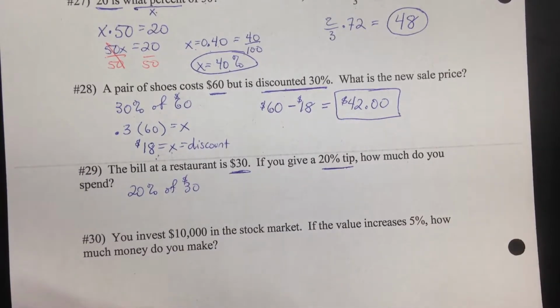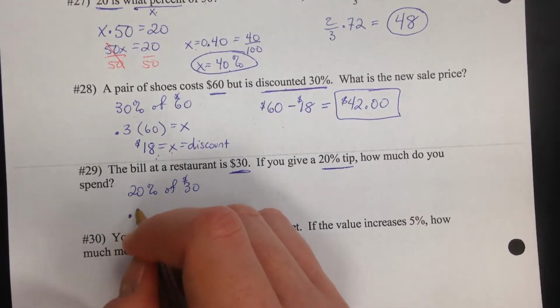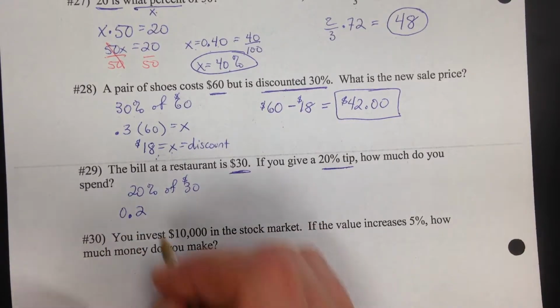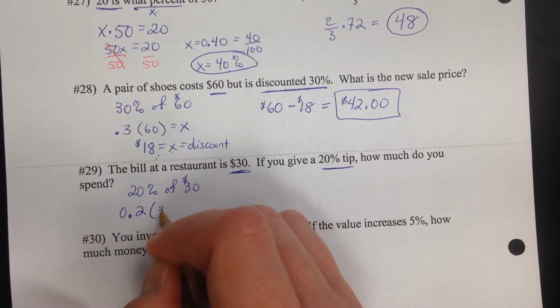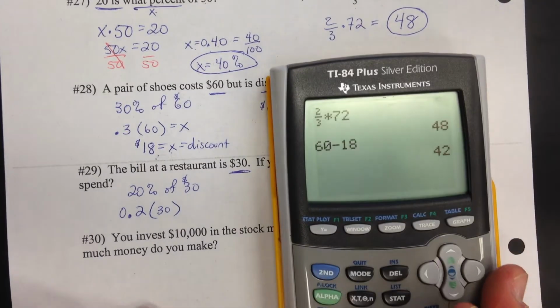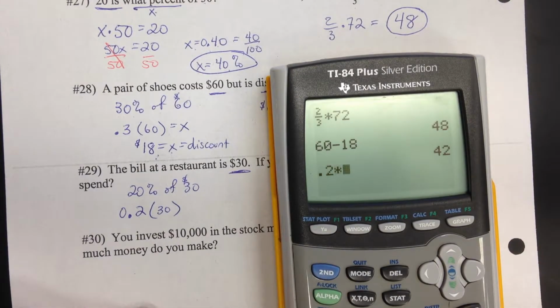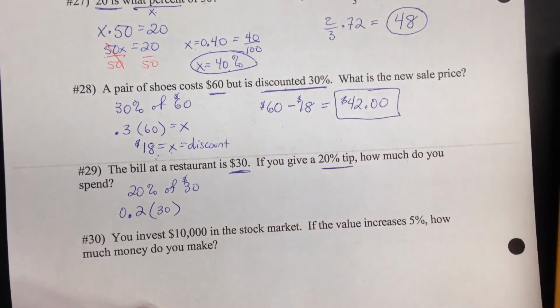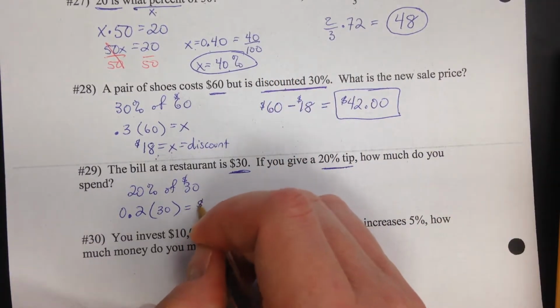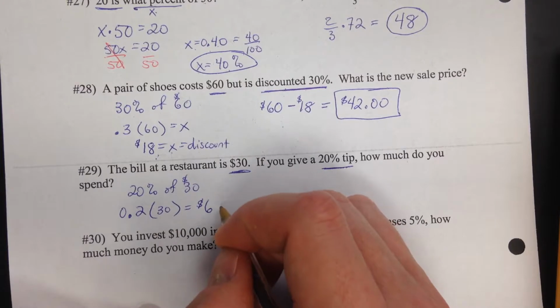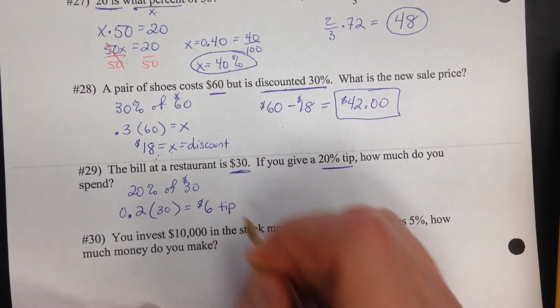Okay? Well, 20% is 0.2 times 30. So we'll take 0.2 times 30, and we get 6. Now that's $6. That represents the tip.